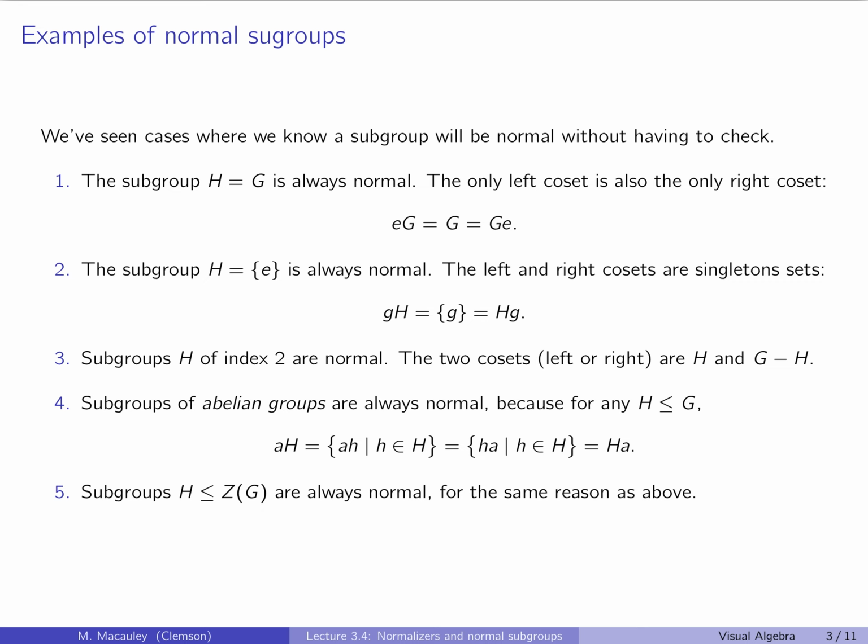And similarly, subgroups that are inside of the center of a group, even if G is not abelian, are always normal for the same reason. As long as things in H commute with everything, we can run this argument through and conclude that every left coset is also a right coset.